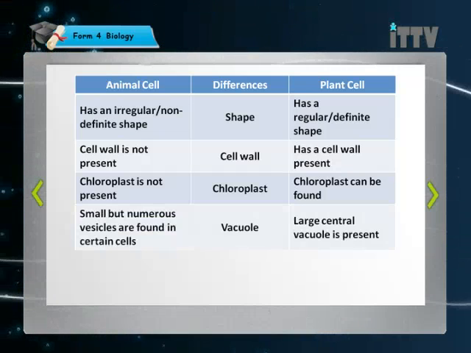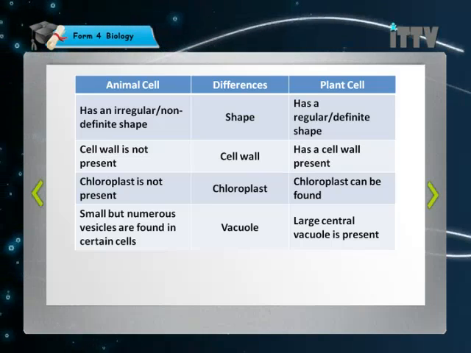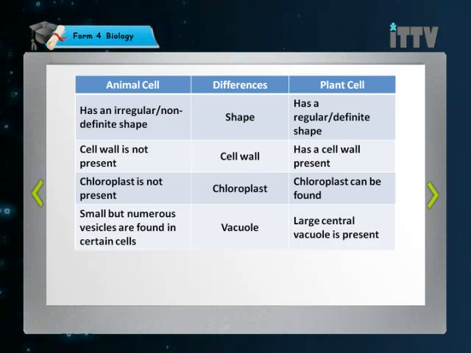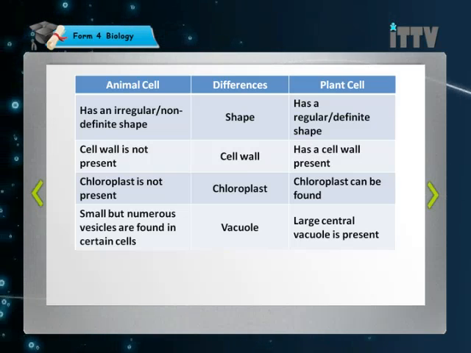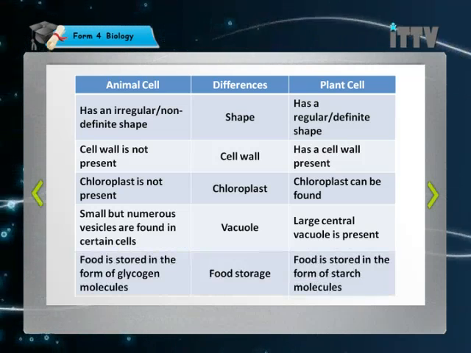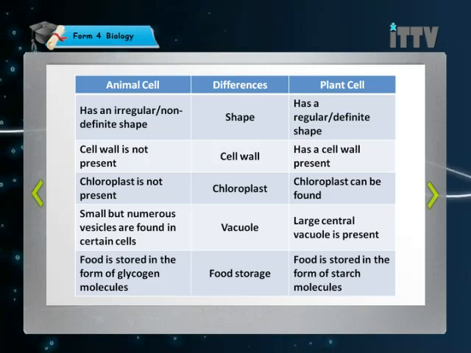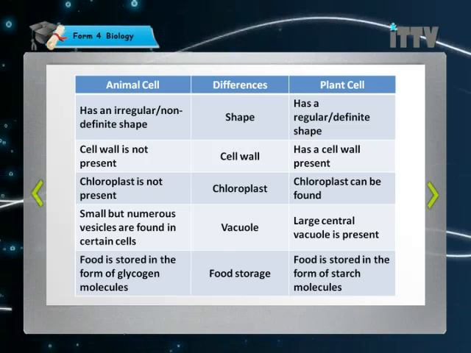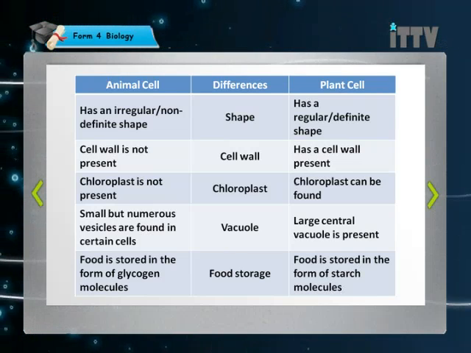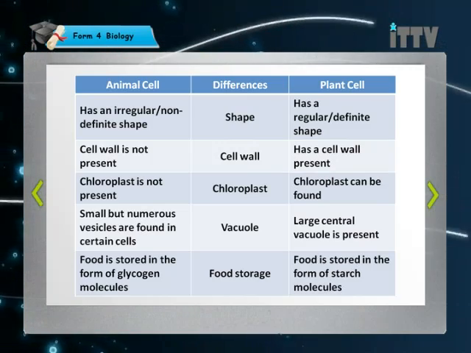Next, there are small but numerous vesicles found in certain animal cells, whereas there is a large central vacuole present in most plant cells. Finally, food is stored in the form of glycogen molecules in animal cells, whereas food is stored in the form of starch molecules in plant cells.